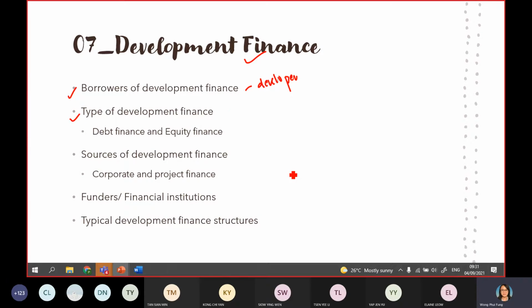And then moving forward is about the types of development finance. A developer can issue debt, loan, or equity, for example shares, to raise funds. So in this chapter, as I mentioned several times already, you must always talk from the developer company's perspective. The company issues debt, issues equity and shares to investors, to funders.